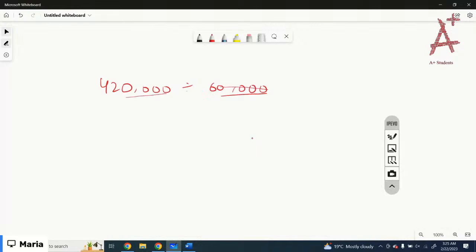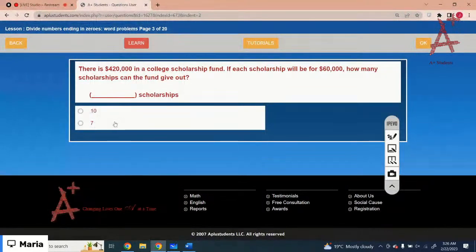So the same number of zeros can be cancelled out. You are left with just 42 divided by 6. Got it? So 6 times what number is 42? 6 times 7 is 42. So you are left with just 7. Got it? So the correct option is 7.